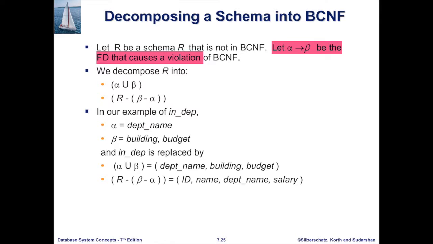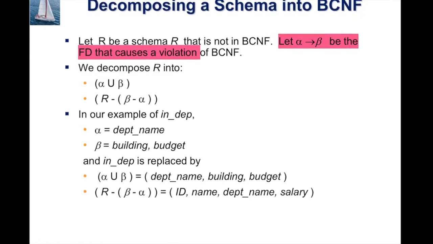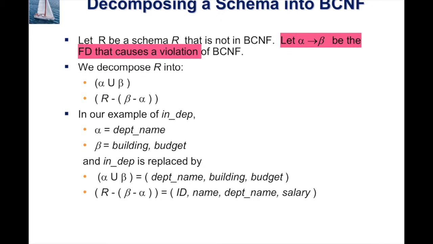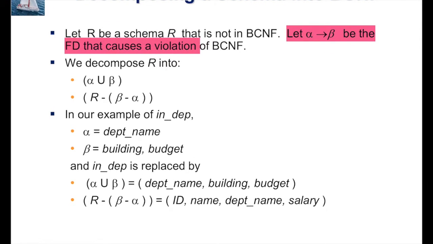So, given that the particular schema is not in Boyce-Codd normal form, ano yung kailangan natin gawin? It's a simple process that we just need to follow. So, suppose merong alpha to beta na functional dependency, and this alpha to beta caused a violation of the Boyce-Codd normal form.